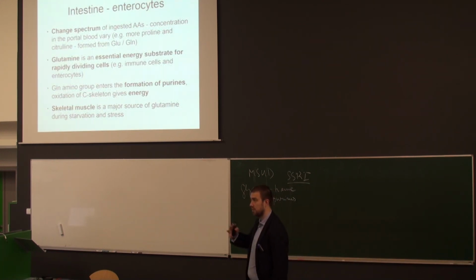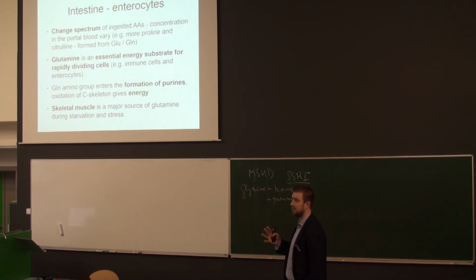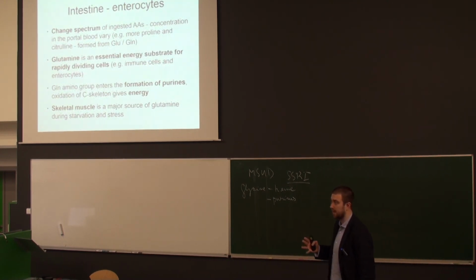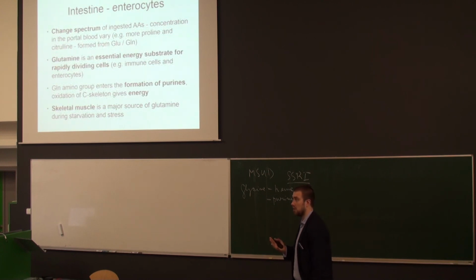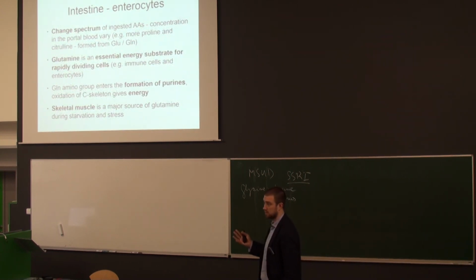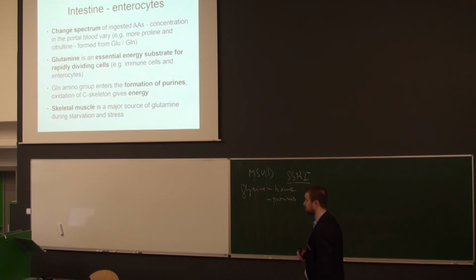You heard during this year that glutamine is a very good source of energy for rapidly dividing cells. And as you know, enterocytes are quite rapidly dividing, with a half-life of 3 to 5 days. Another example is some of our immune cells that also must be replaced quite quickly.